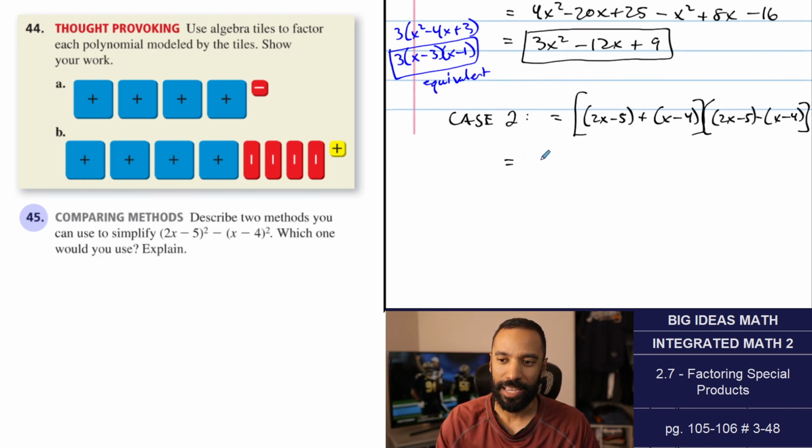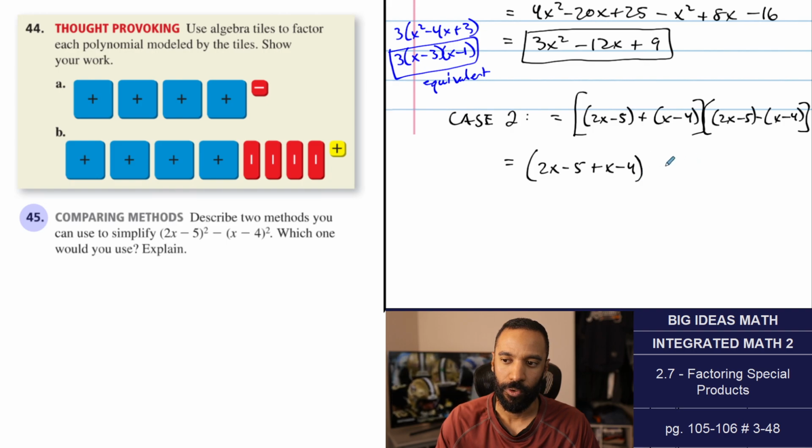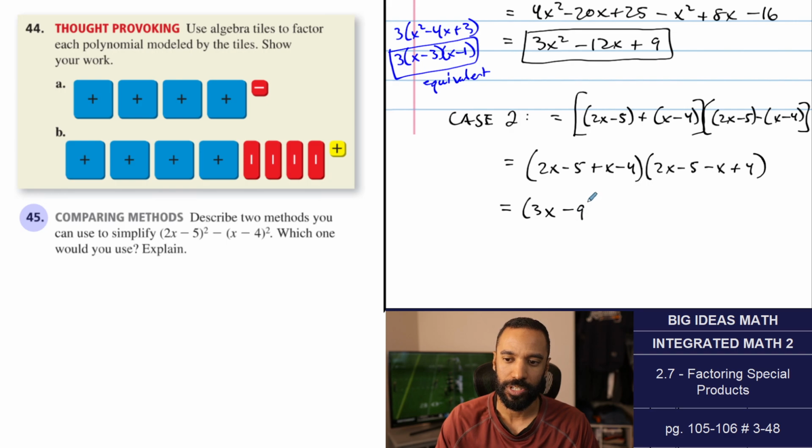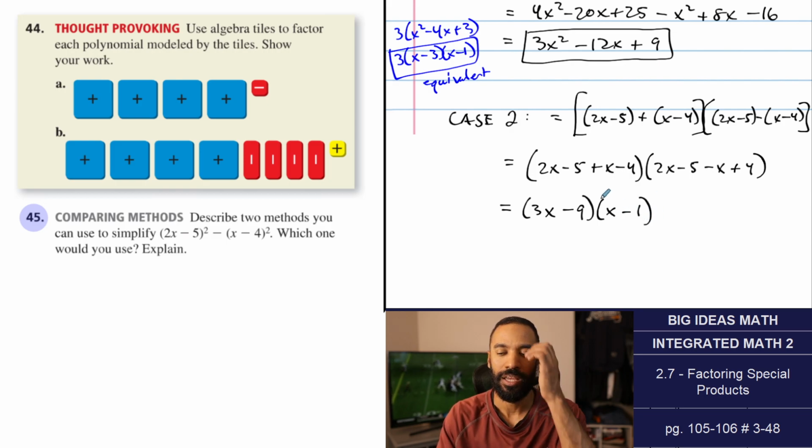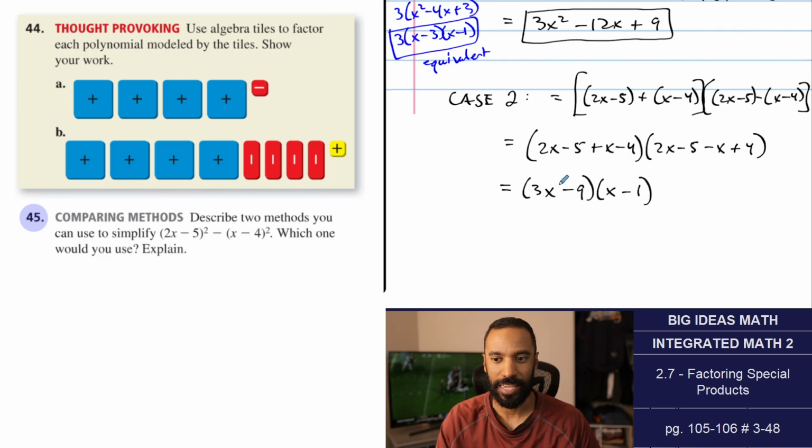So (2x − 5 + x − 4) times (2x − 5 − x + 4). We have to distribute that negative. So 2x + x is 3x. Negative 5 − 4 is negative 9. 2x − x is 1x. Negative 5 + 4 is negative 1. So this would turn into this guy here.